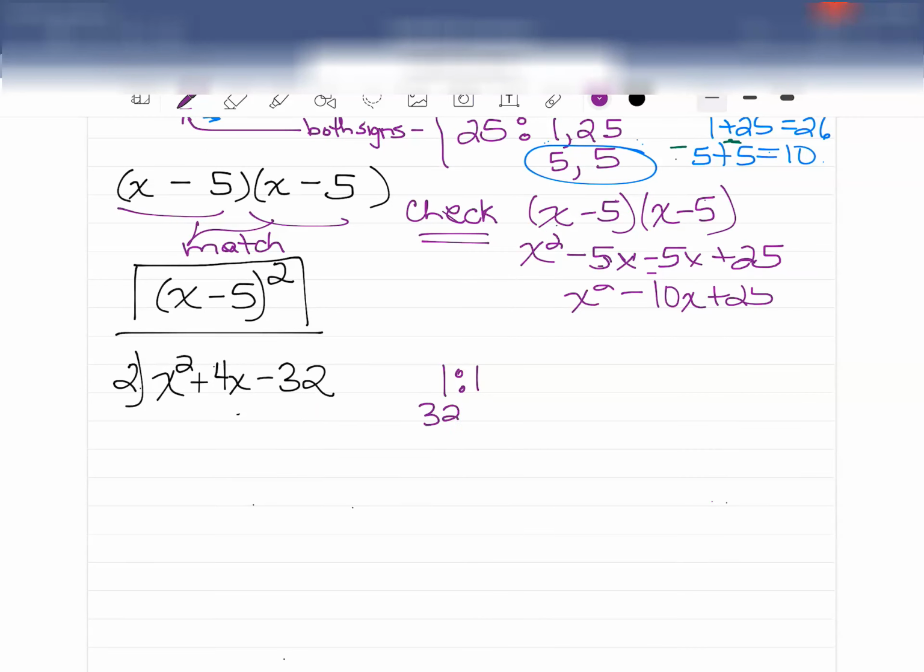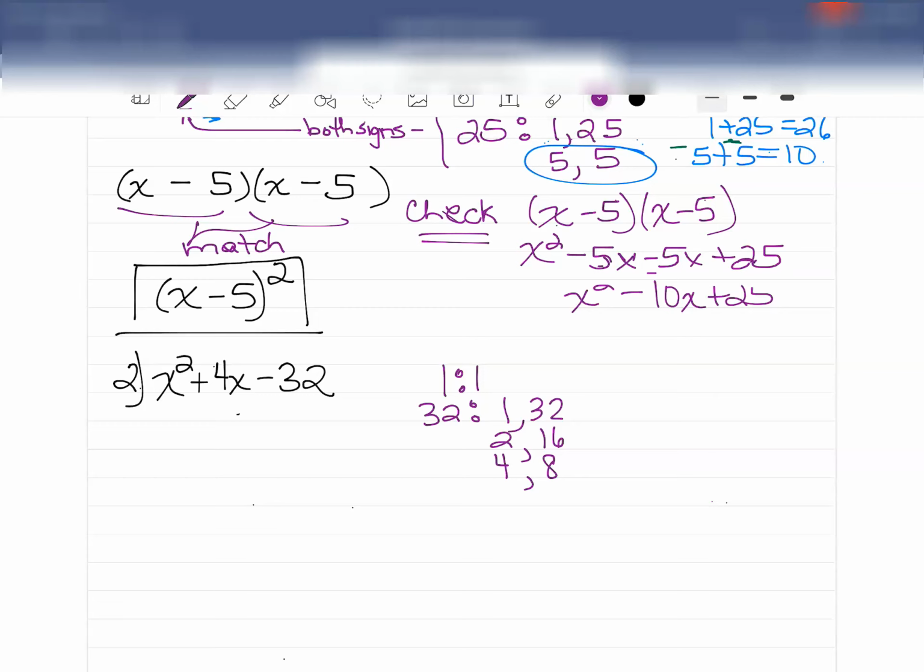But I'm going to worry about my 32. I have 1 times 32. I have 2 times 16. I have 4 times 8. And I have, who else? Who am I missing? I think that's about it.